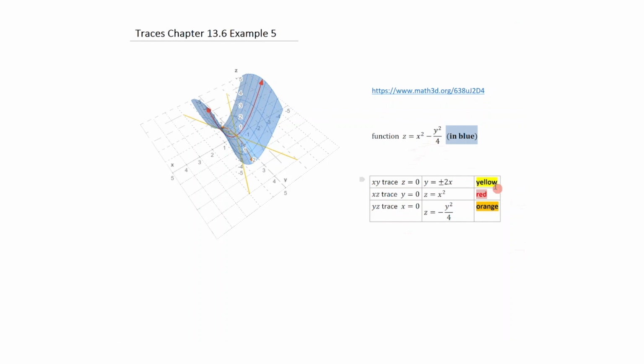That's the line shown in yellow. For the xz trace with y equals 0, that's z equals x squared, and that's the red line. If you set x equals 0 for the yz trace, then that's z equals minus y squared over 4, and that corresponds to the orange line.